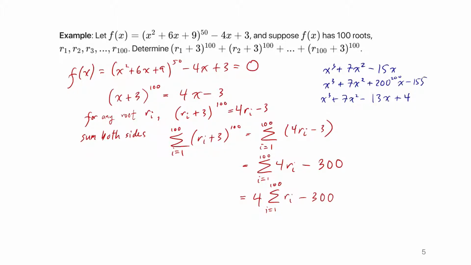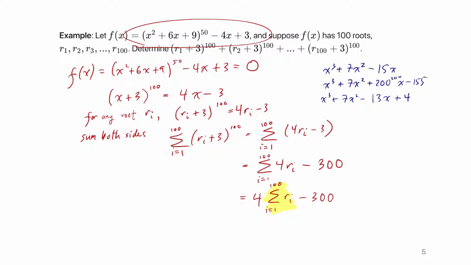So now I just need to find this thing over here, the sum of i going from 1 to 100 of Ri. But what is that? It's literally just the sum of the roots. Do you agree with that? And we're talking about the roots of this original expression.